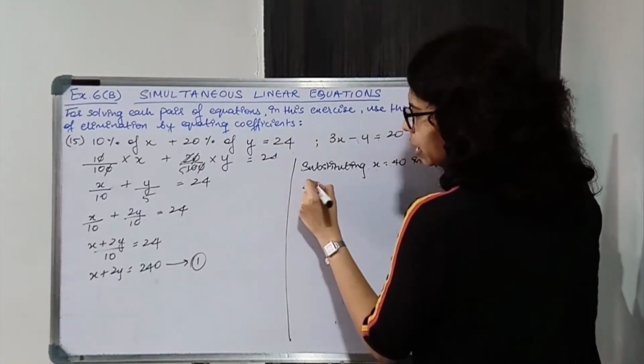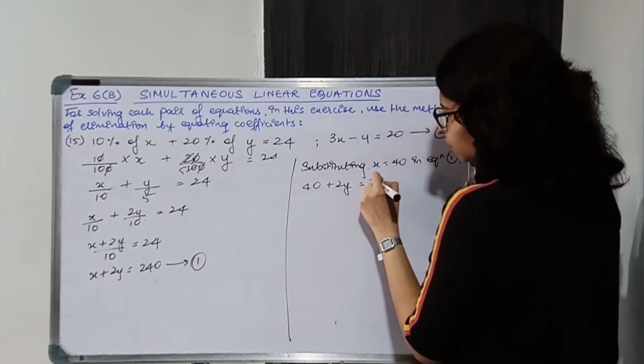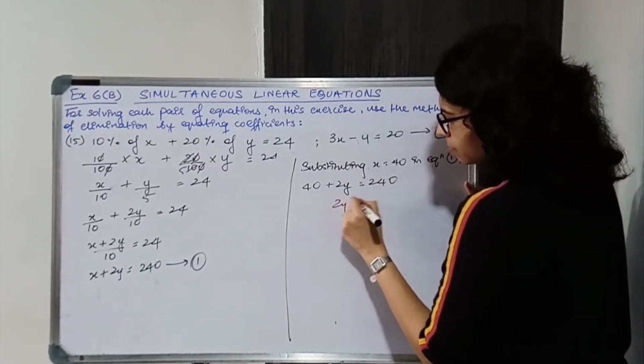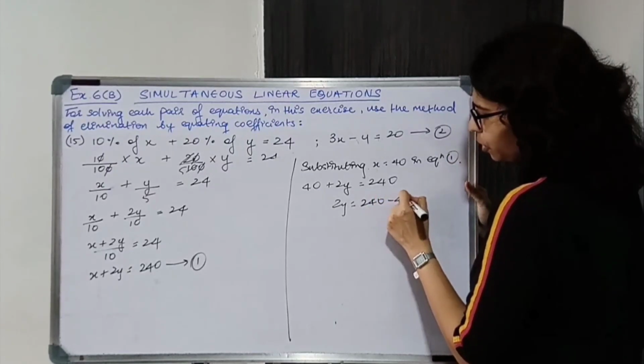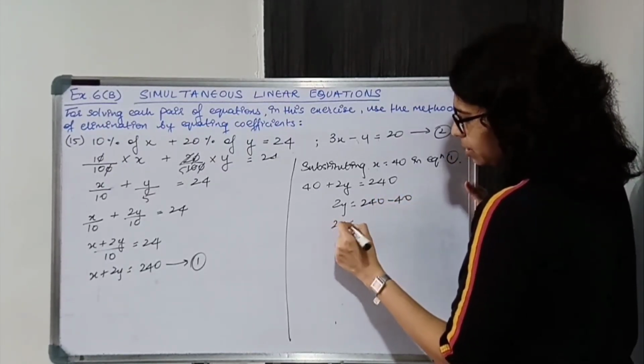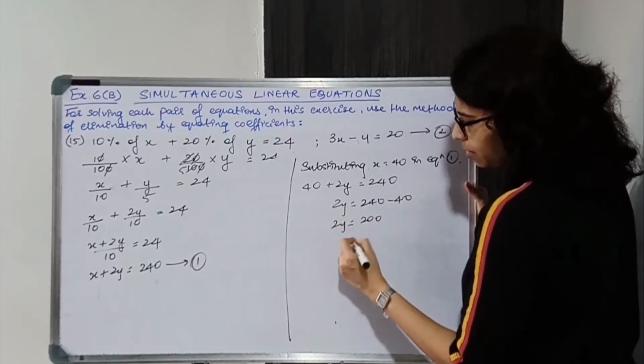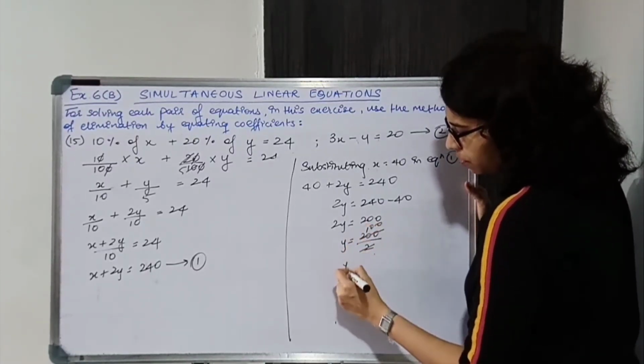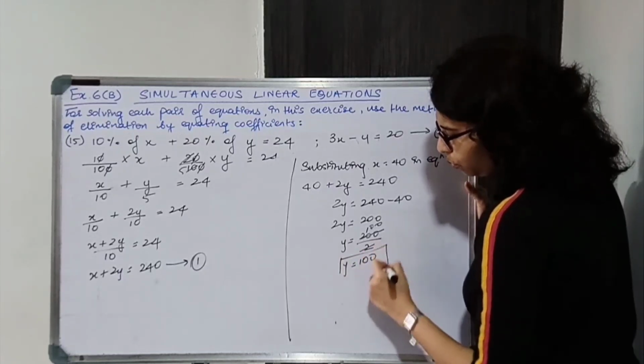So 40 plus 2y is equal to 240. So 2y is equal to 240 minus 40. So 2y is equal to 200. So y is equal to 200 upon 2. That is y is equal to 100.